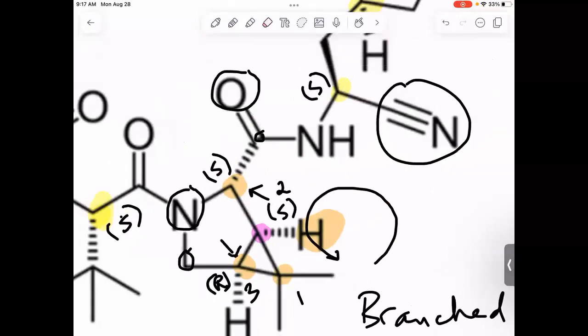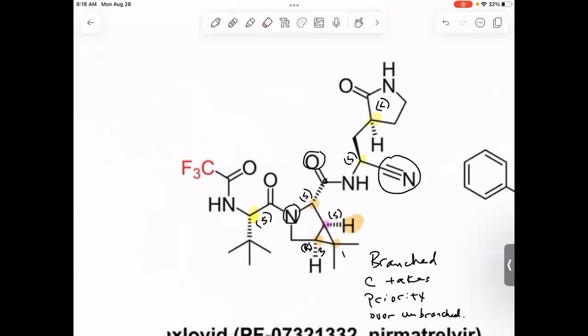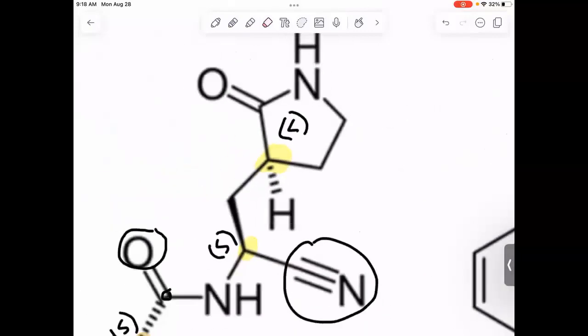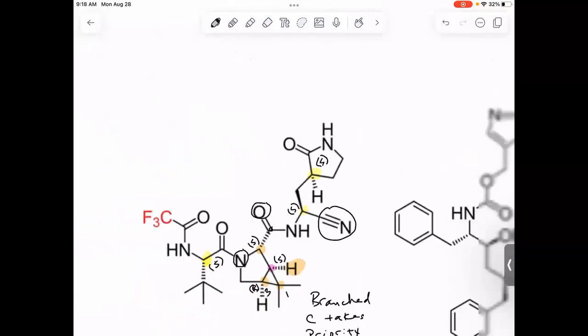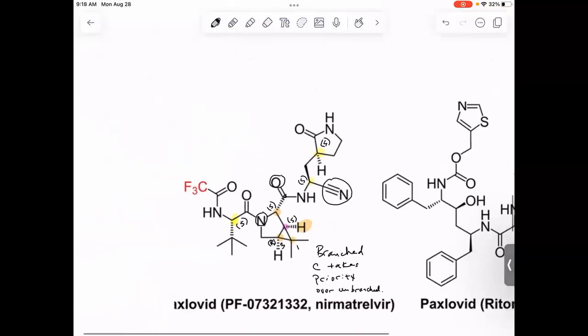All right. Let me erase some of this stuff. All right. So we've actually determined the configuration of all of the stereo centers in Paxlovid. Right. Now, again, when we talk on Wednesday, I want to introduce y'all to this concept of reaction stereochemistry.